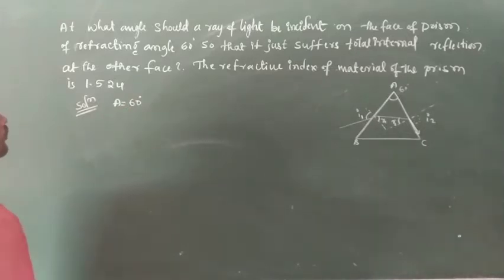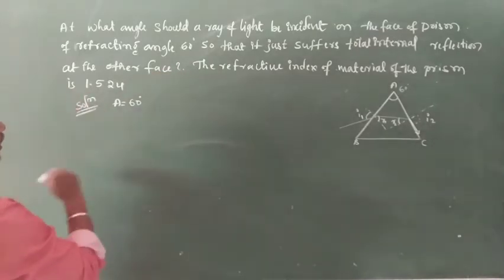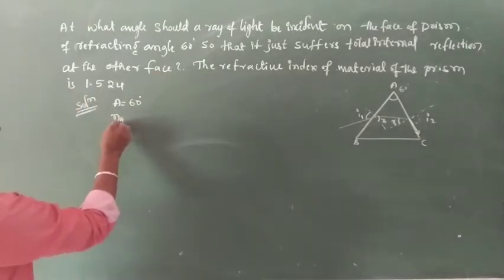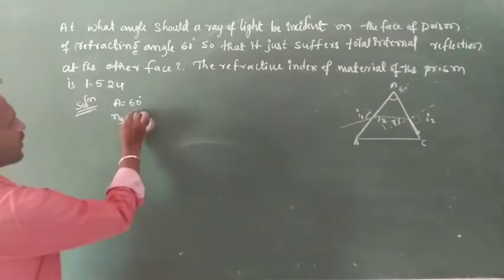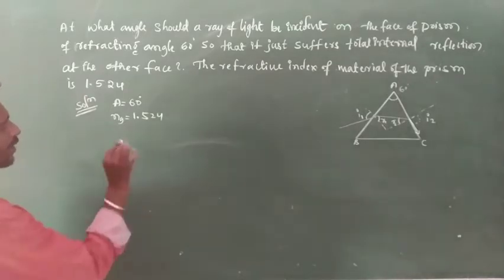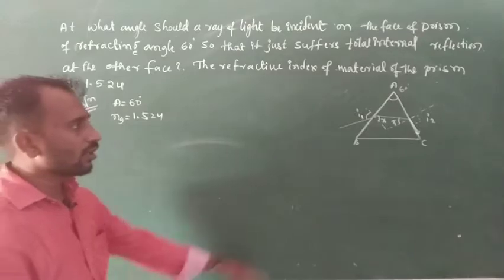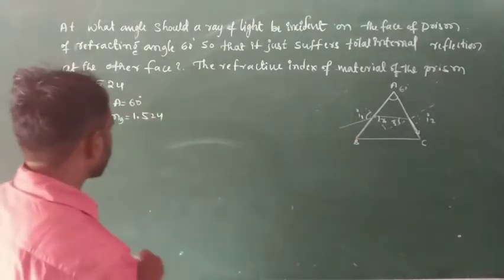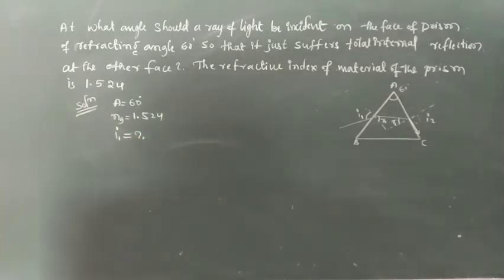Next, the prism refractive index, it means the refractive index of glass, is 1.524. Okay, so here we want to calculate the angle of incidence for the first surface, so I1 is equal to question mark.